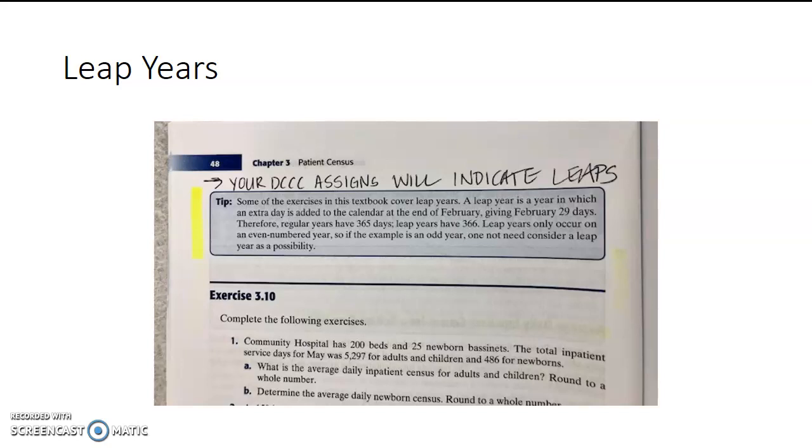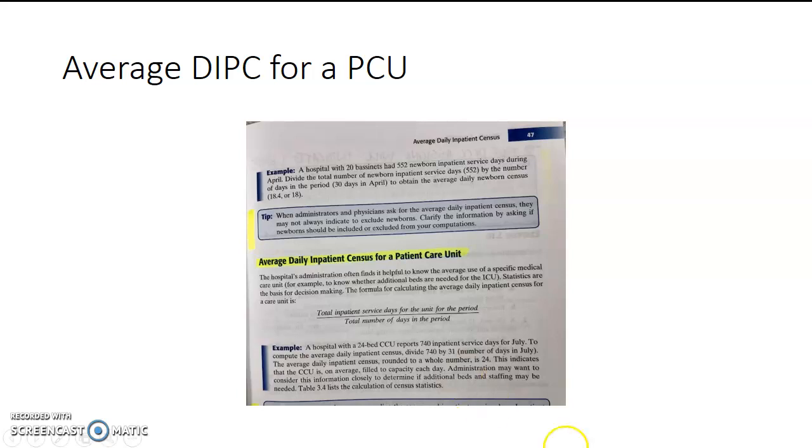Let's see here. So your chapter continues on page 47, and I'm going to scroll back for just a second. Under this example, there's a tip box. That tip box says, do not confuse terms regarding the census and inpatient service days. So I want you to read through that.